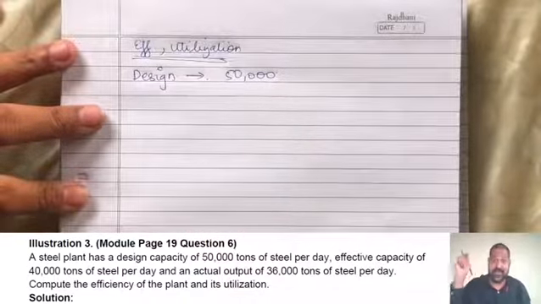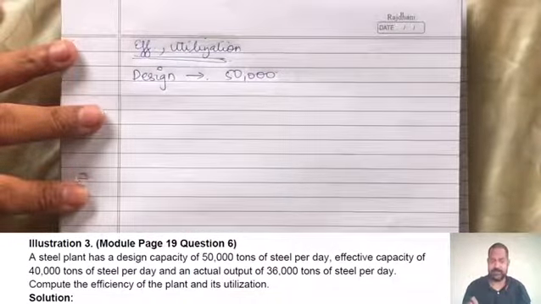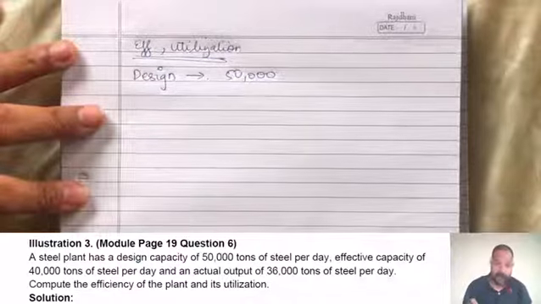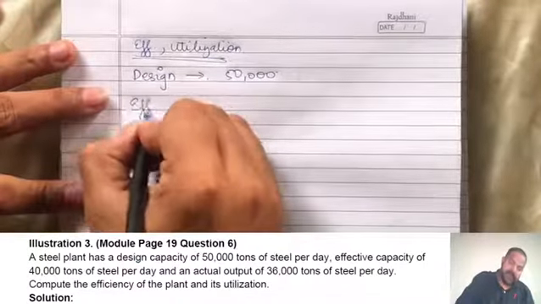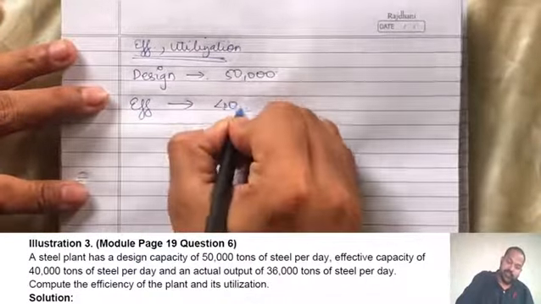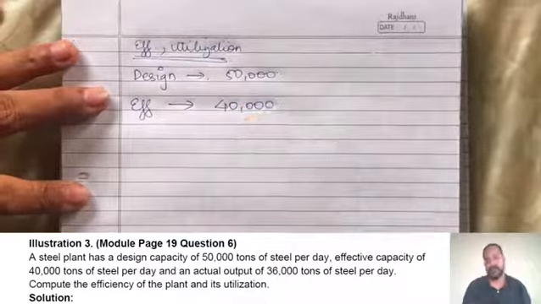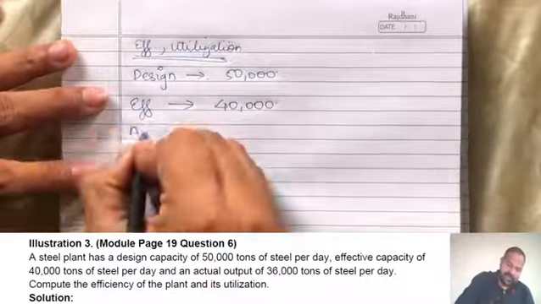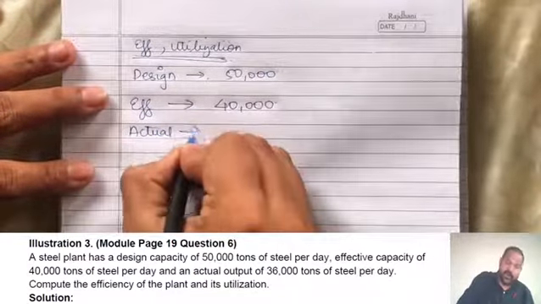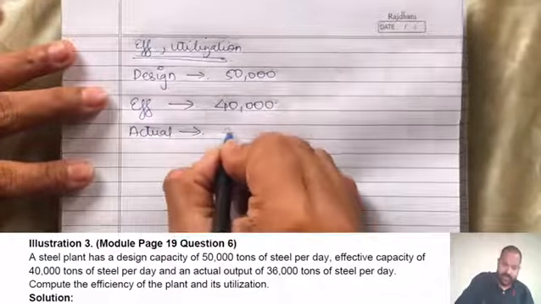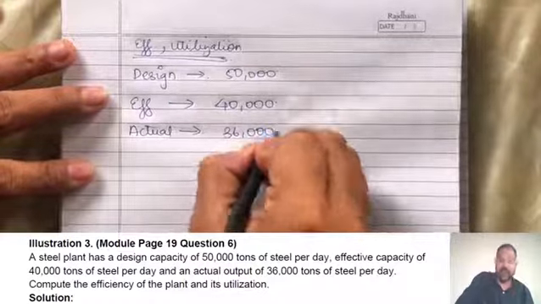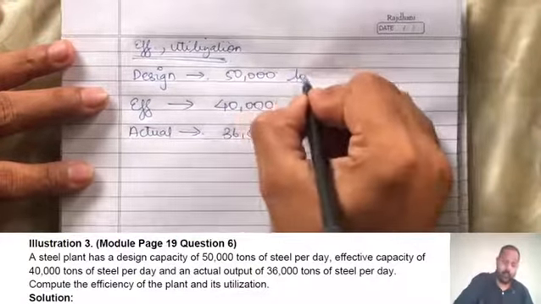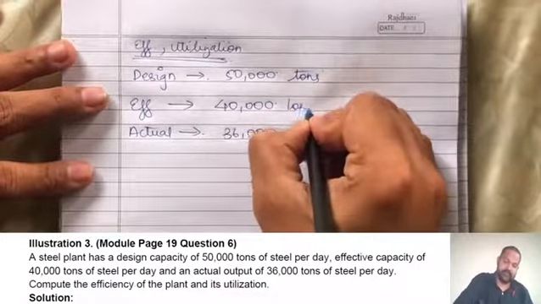That is what the design says. But the effective that you get is 40,000 tons. But the actual that you get is only 36,000 tons. What does this mean?